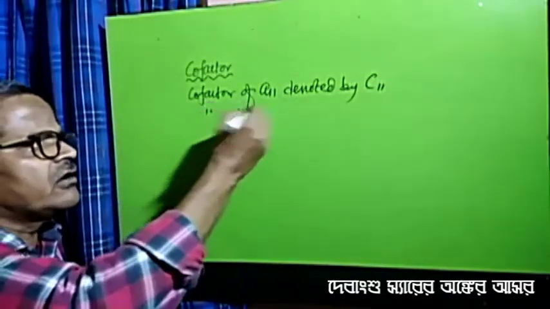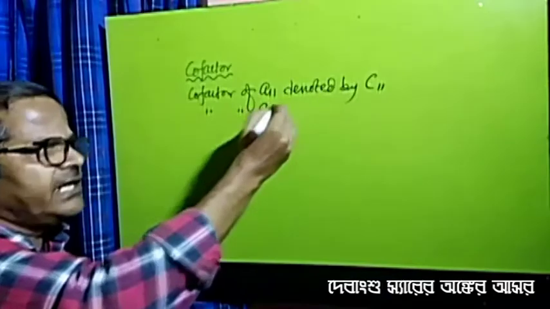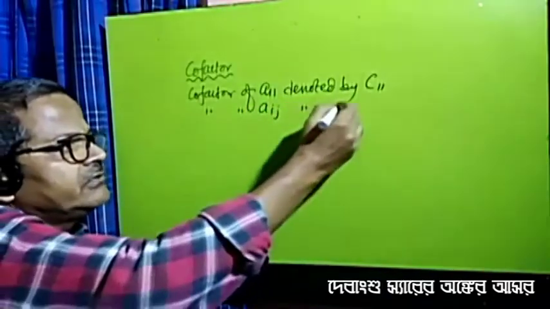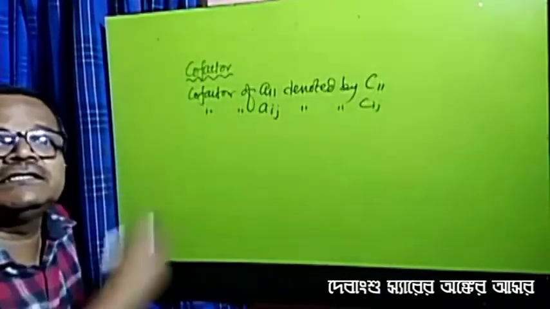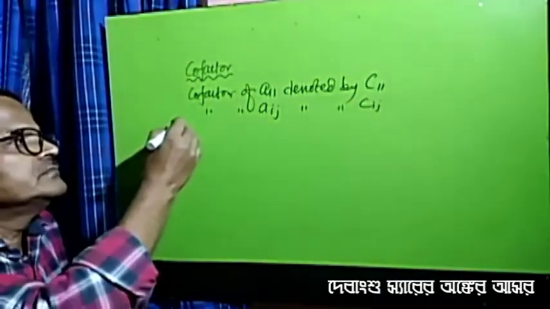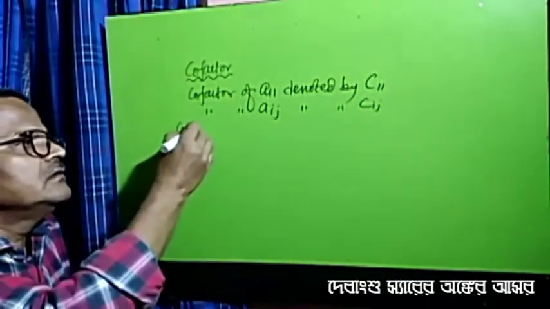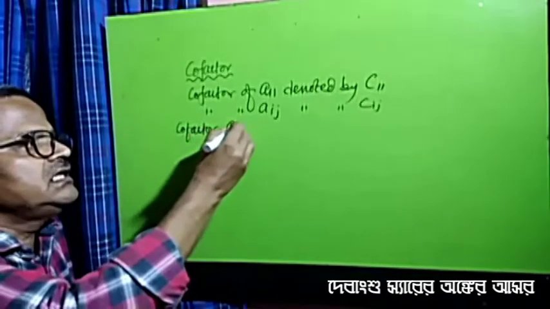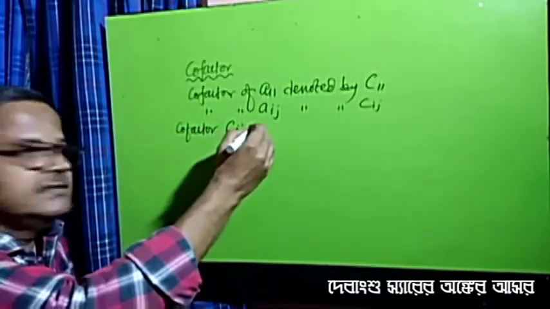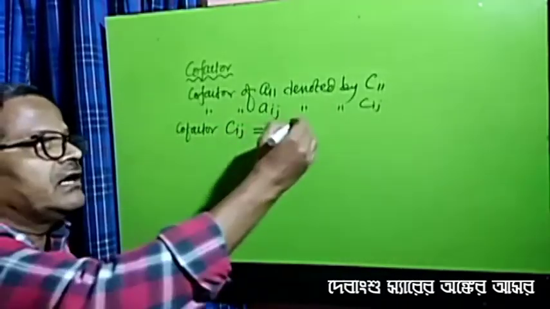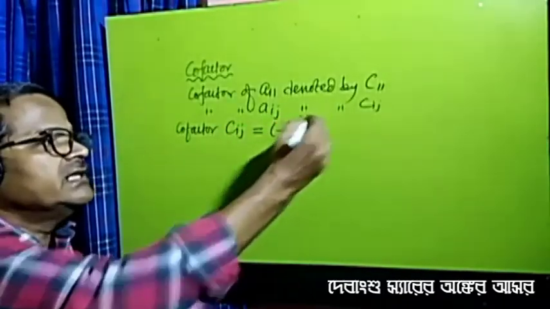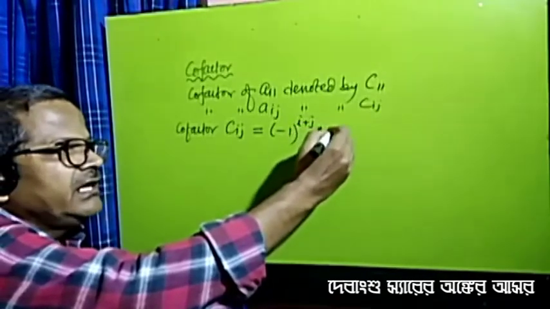Likewise, cofactor of Aij element is denoted by Cij, and cofactor is defined by Cij equal to minus 1 to the power i plus j into Mij.